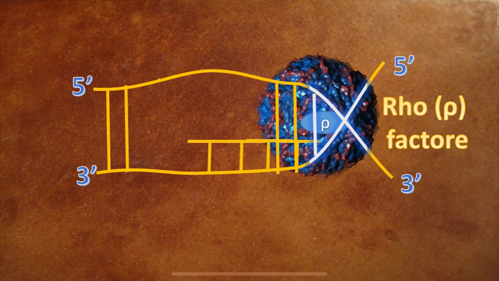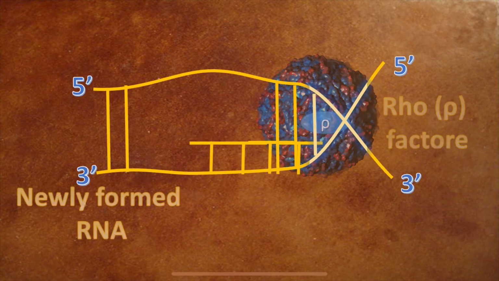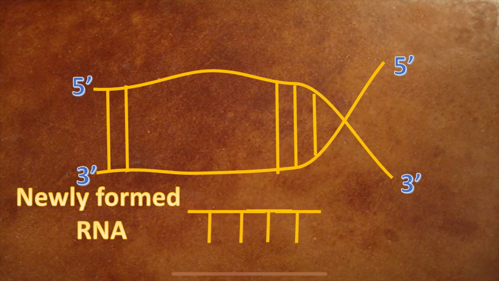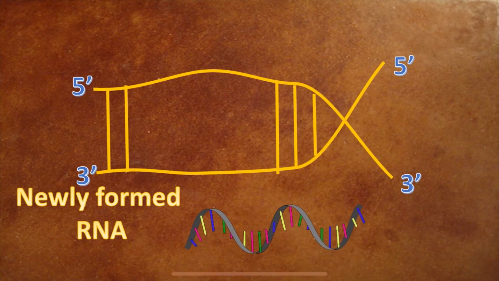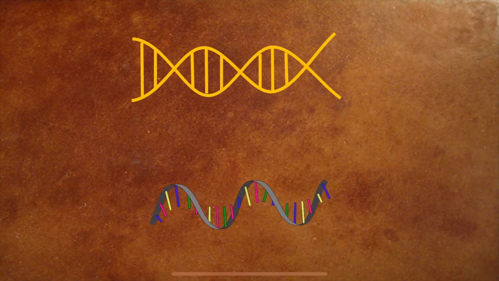Without this, the termination cannot end. And because of this, the newly formed RNA will be free and will fall off, and the DNA will be free from RNA polymerase also. Now this newly formed RNA will be converted into its helical structure and will be free from the DNA completely.